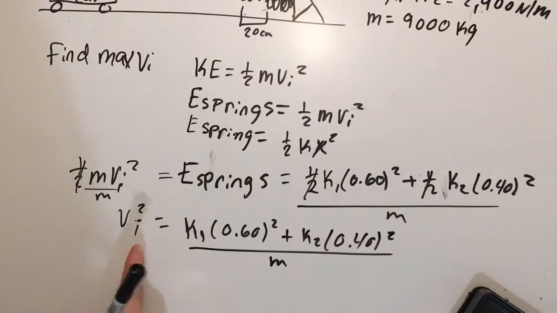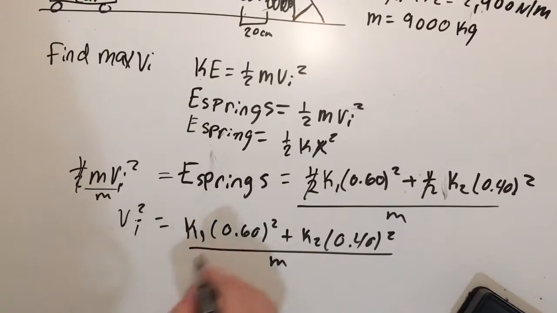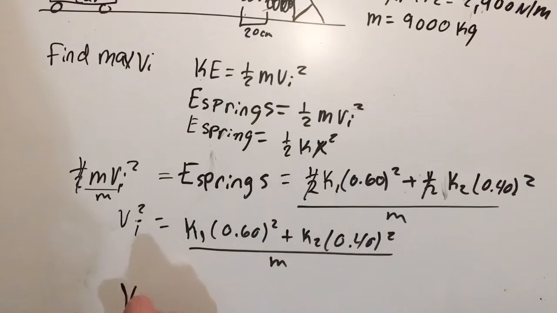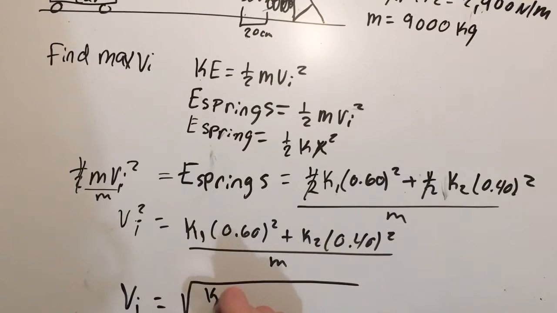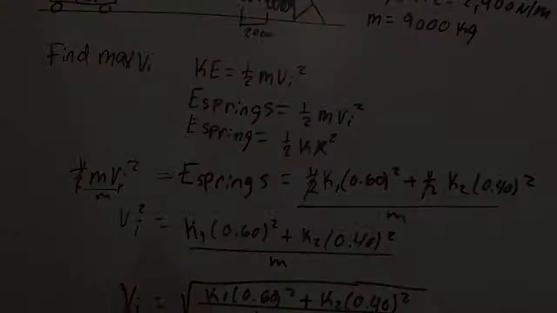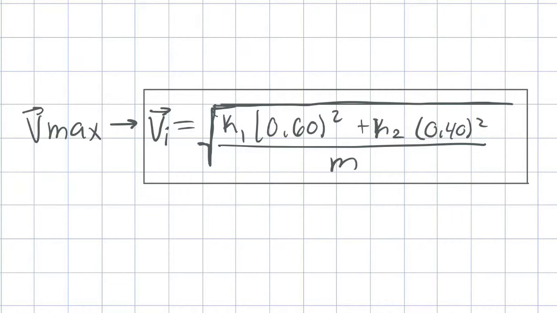Now if we want to find just vi, not vi squared, of course we would take the square root of this. So K1 times 60 squared plus K2 times 40 centimeters squared, and of course I'm writing this in meters, and all of that over m, and this will be our answer.